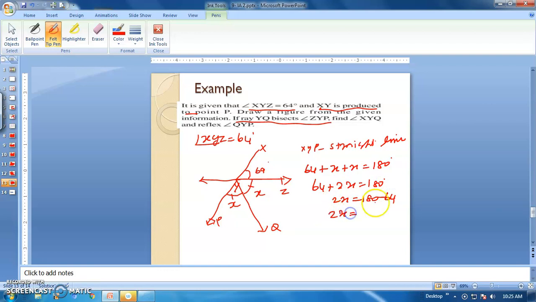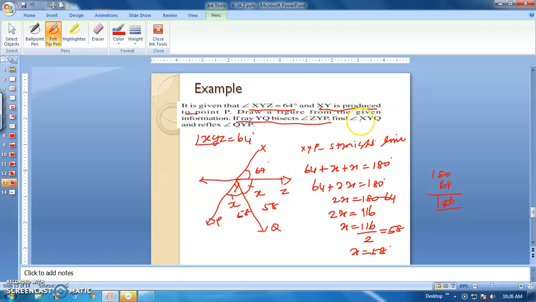So 180 minus 64 is 116. Therefore X equal to 116 divided by 2. So equal to 58. So X equal to 58. So this one is 58 and this one is 58.